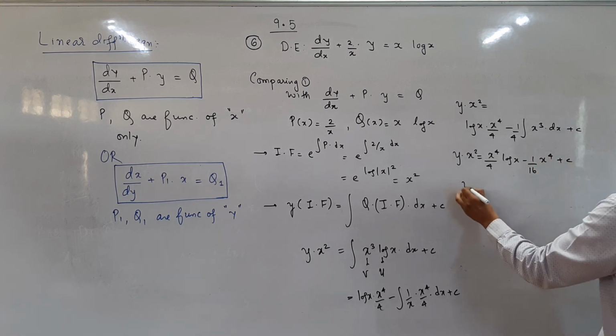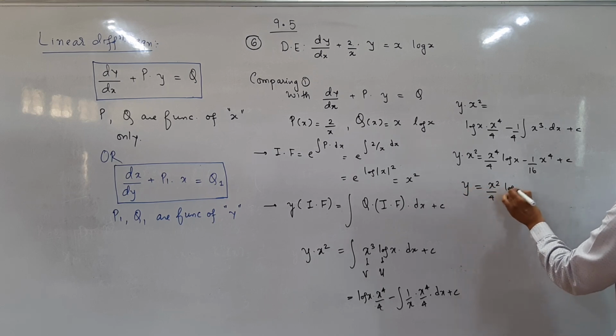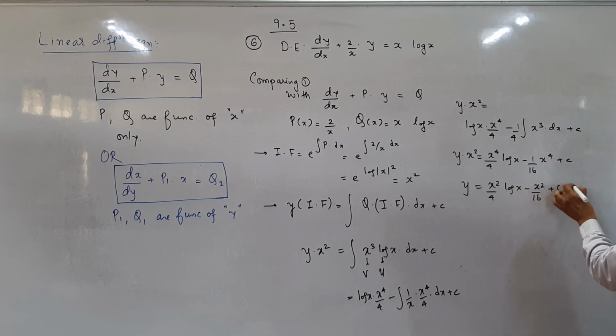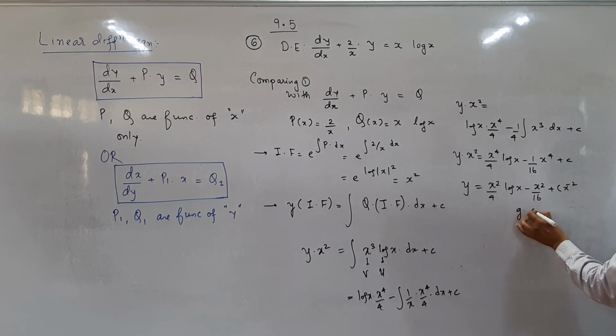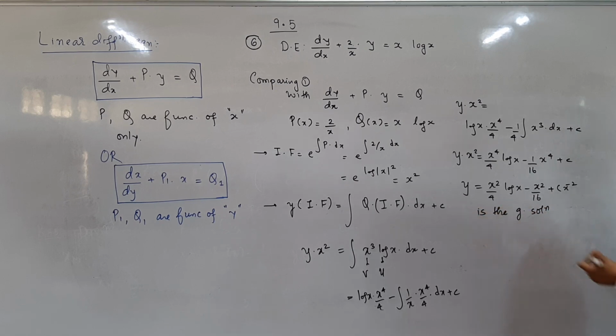Dividing throughout by x square, so y is equal to x square by 4 log x minus x square by 16 plus c x raised to minus 2 is the general solution. So here the solutions can be written, again I am telling, in multiple forms.